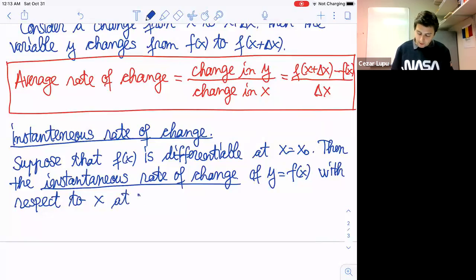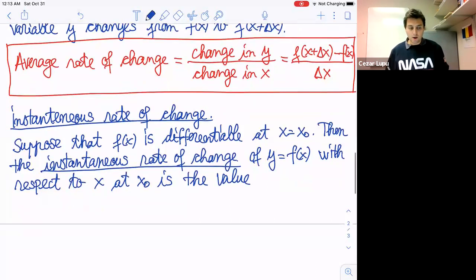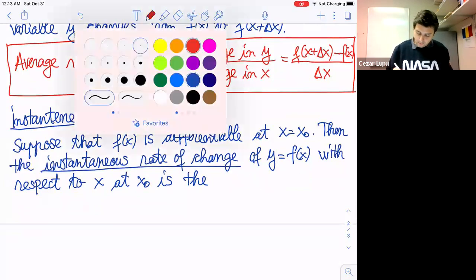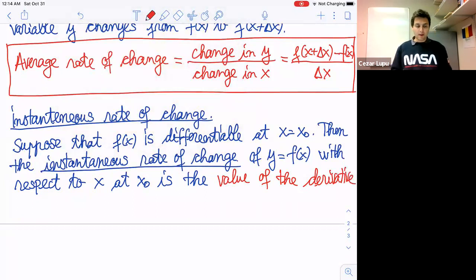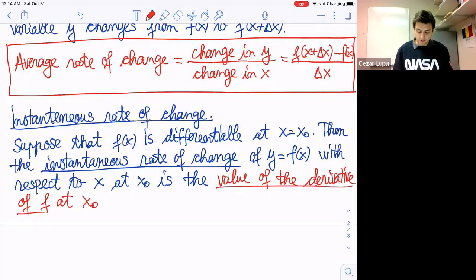At the point x naught is the value of the derivative. In fact, let me write this with red. So is the value of the derivative of f at x naught, right? So that's what we need to know.